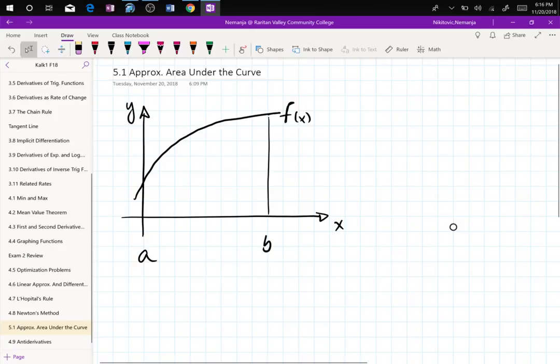Hello and welcome back to Calculus 1, section 5.1, Approximating Area under a Curve. What does it mean? Well, I just want to know what the area of the entire thing over here is. We can approximate it by simply picking this point and this point and striking a line through.